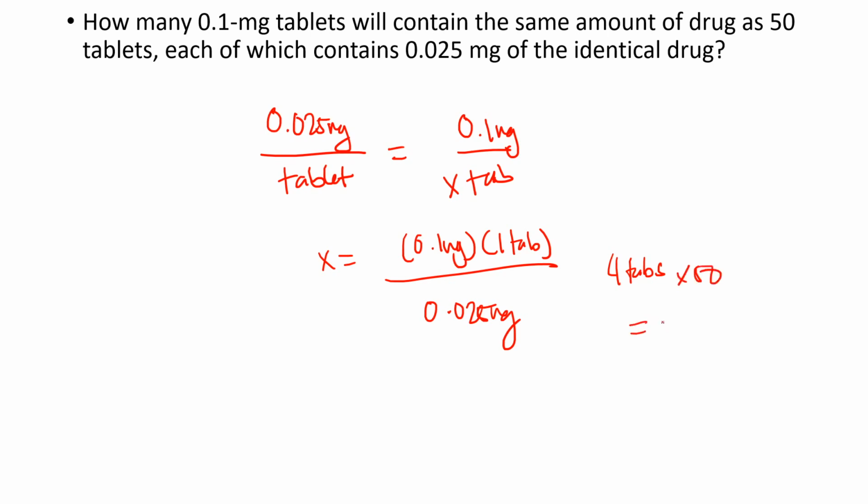So you actually have to produce 200 tablets of 0.1 milligram to have the same amount of drug as 50 tablets that contain 0.025 milligrams of drug.